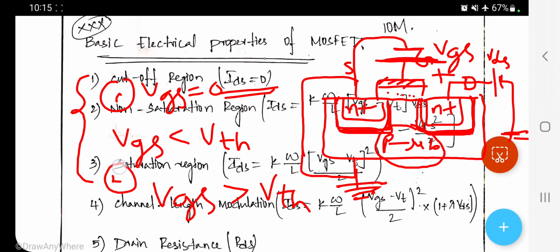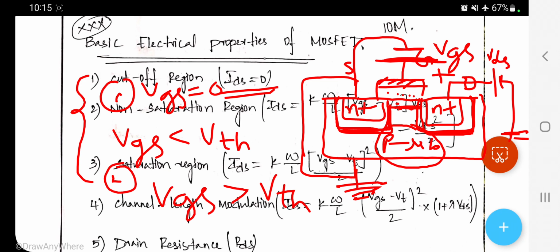The second region of operation is where we have VGS greater than VTH. Once we apply a positive voltage greater than VTH, the minority carriers of the P substrate are attracted and form a channel between source and drain.